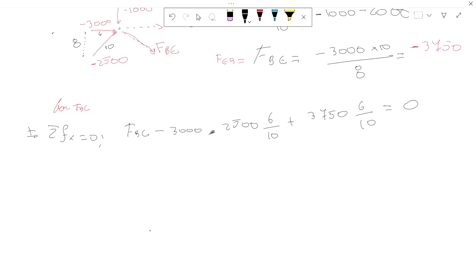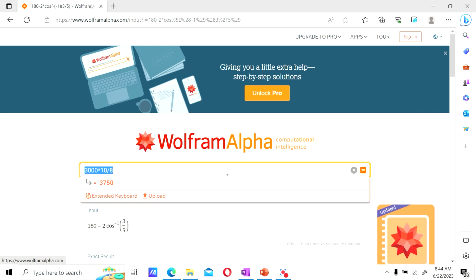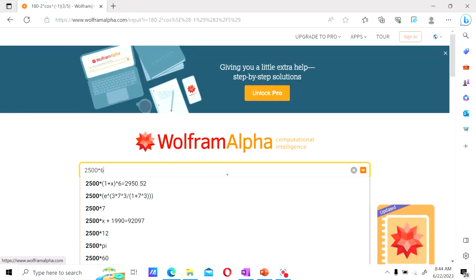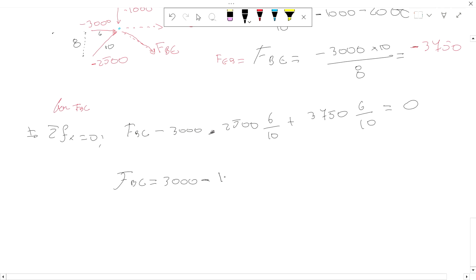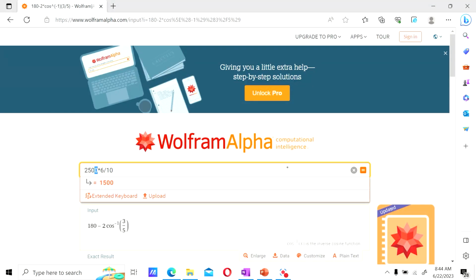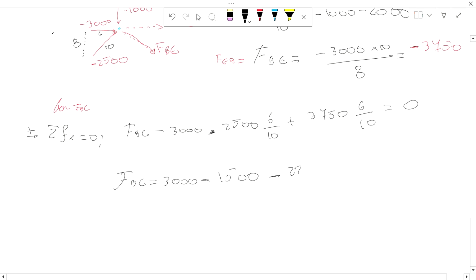What we need to do is find that FBC is equal to, everything to the right hand side, 3000 minus 2500 times 6 divided by 10, 1500, minus, to the other side of the equation, 3750 times 6 over 10, 2250.